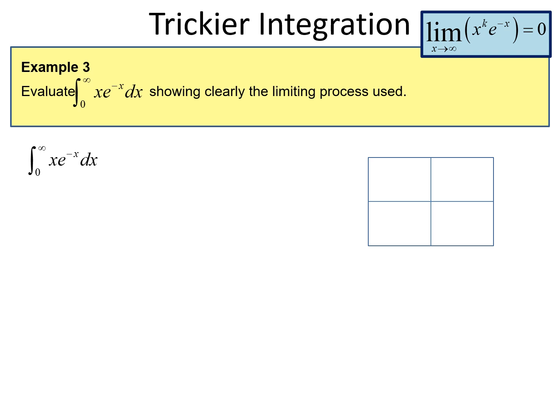Doesn't mean the area is going to be 0, but if you put the top limit in, it would be tending towards 0 there, and therefore a bit of an issue. So we're going to write undefined at x equals infinity, because it's tending to 0.